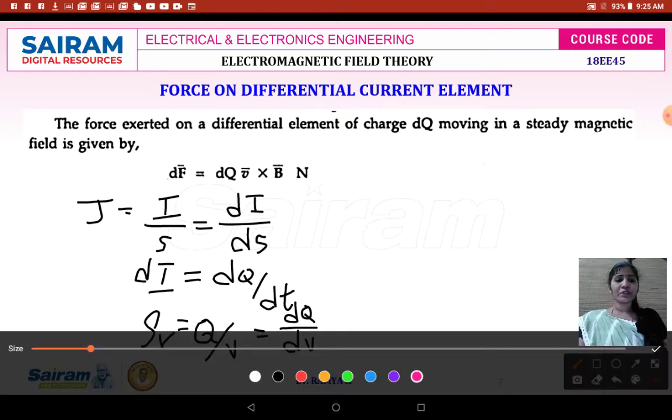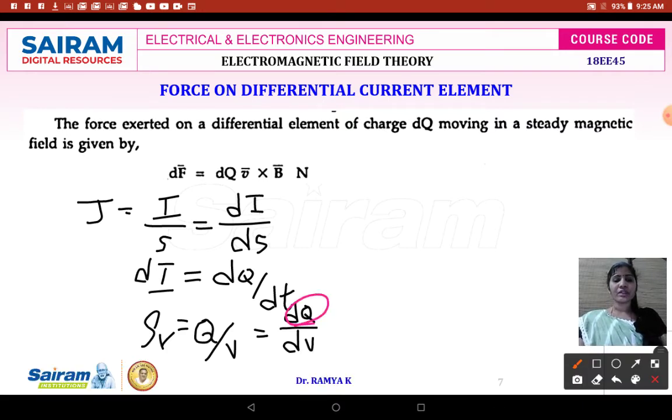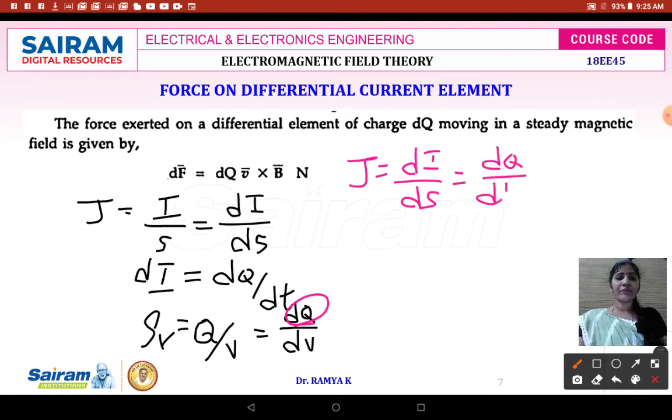Now, when you substitute the value of dq, you can identify its value. From J is equal to dI divided by dS, where dI is dq divided by dt, and one more dS is also available, dq can be written as rho v into dv divided by dt and 1 divided by dS.